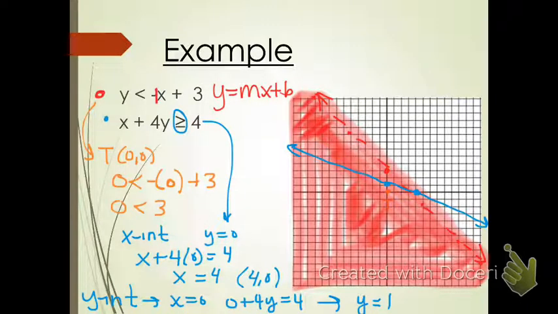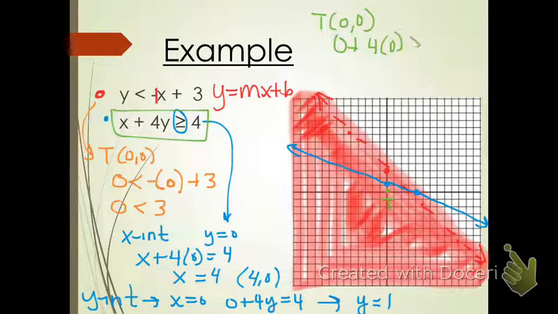And when we do our test point of (0, 0) again, we'll go back up to our original and plug in a 0 for x and a 0 for y, and we get 0 is greater than or equal to 4, which is false, which means we will not shade down and to the left where our test point is, but we'll shade up and to the right where our test point is not located, since we got a false statement.